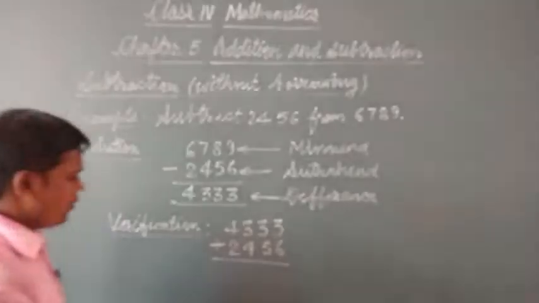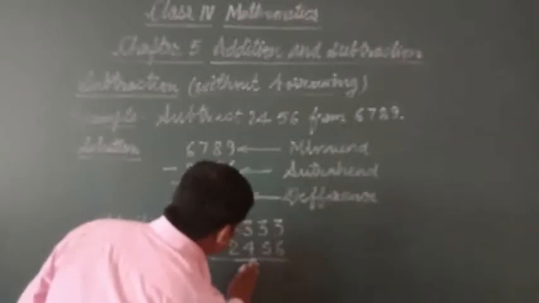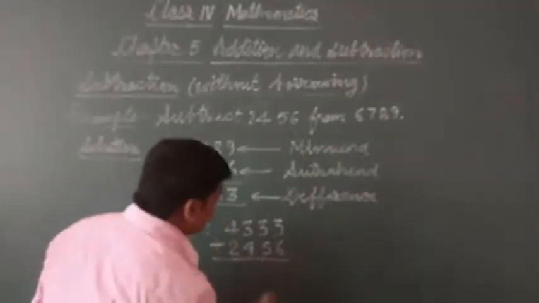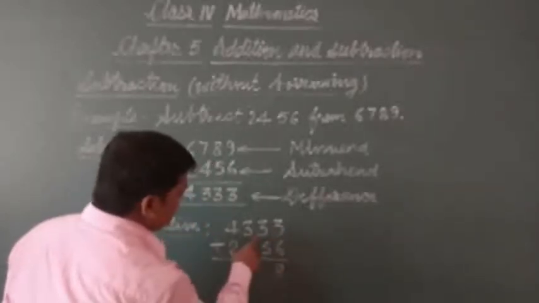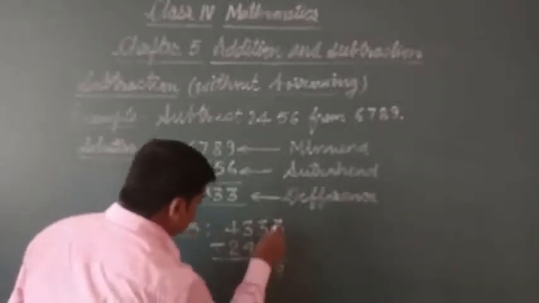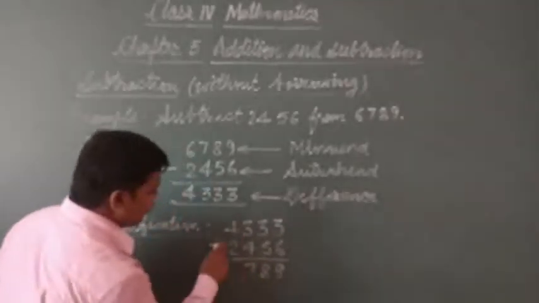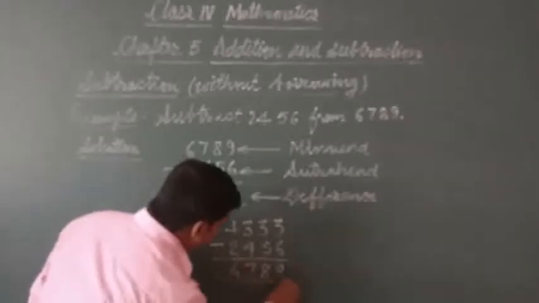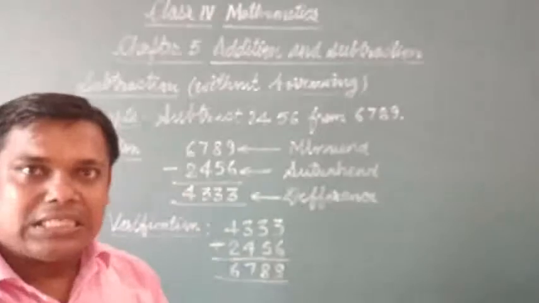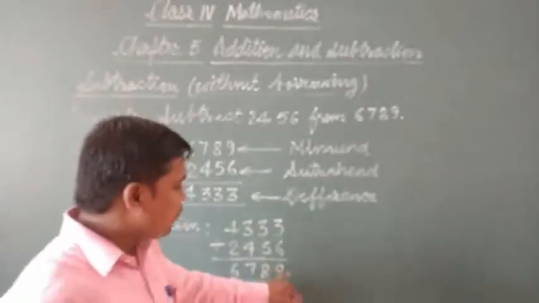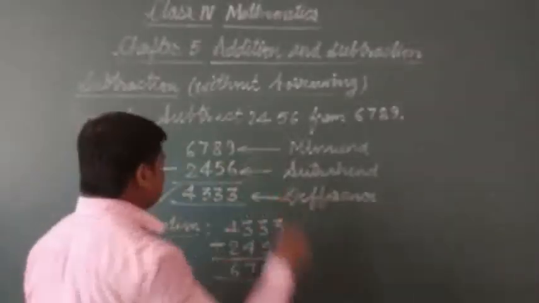When we add, 3 plus 6 is equal to 9, 3 plus 5 is equal to 8, 3 plus 4 is 7, and 4 plus 2 is 6. Means we got the sum of difference and subtrahend equal to the minuend. It means our subtraction is correct.